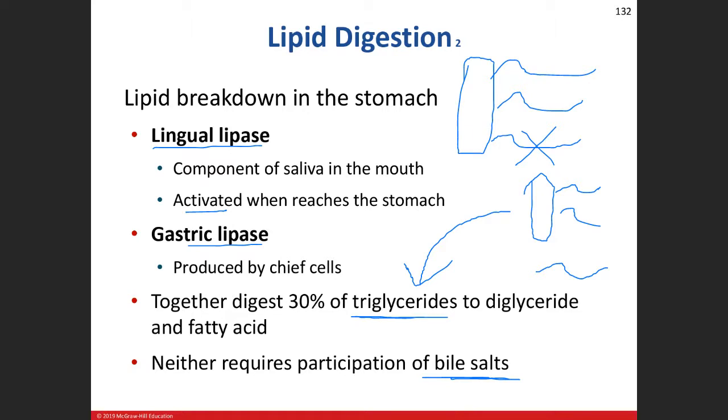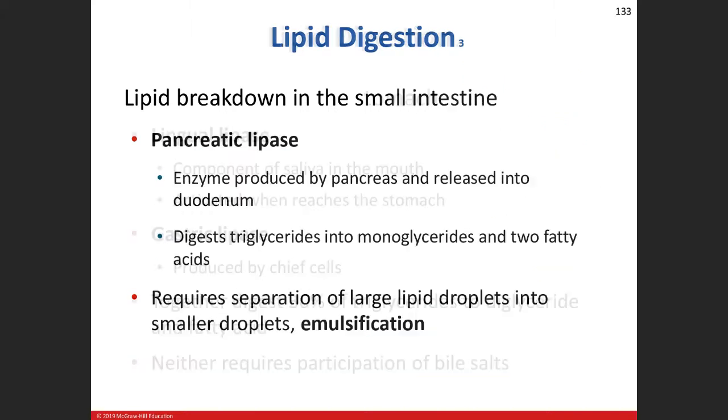Now, we exit out of the stomach and we go into, you guessed it, the small intestine. So now CCK starts pumping the bile into the small intestine. The pancreas starts pouring the pancreatic enzymes into the small intestine. So we have this pancreatic lipase, and that pancreatic lipase is now going to act on any triglycerides that are present.